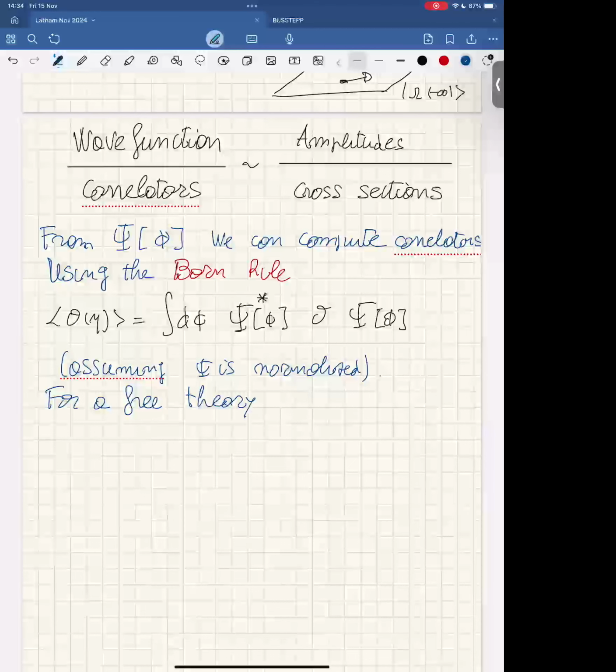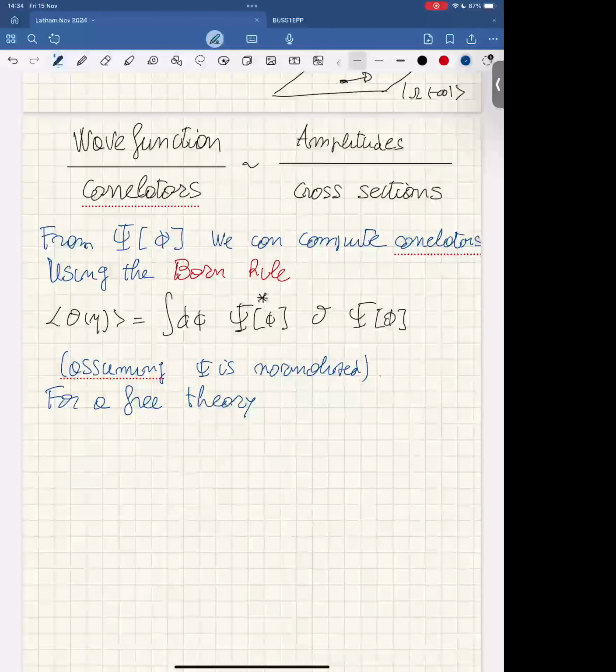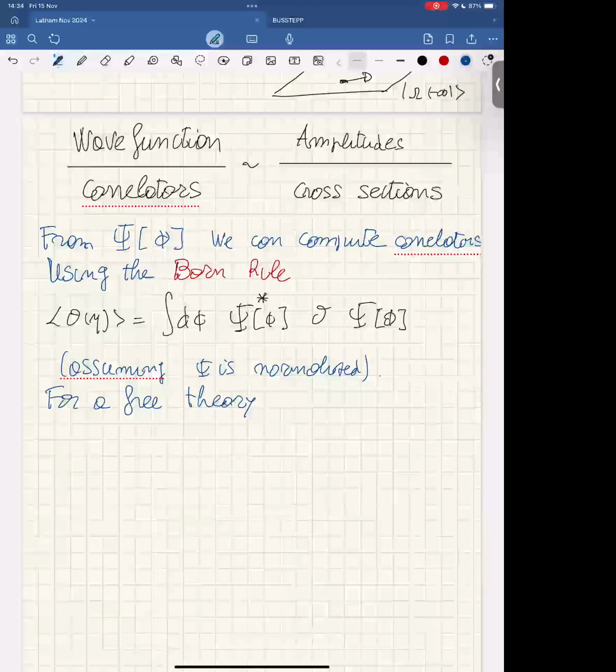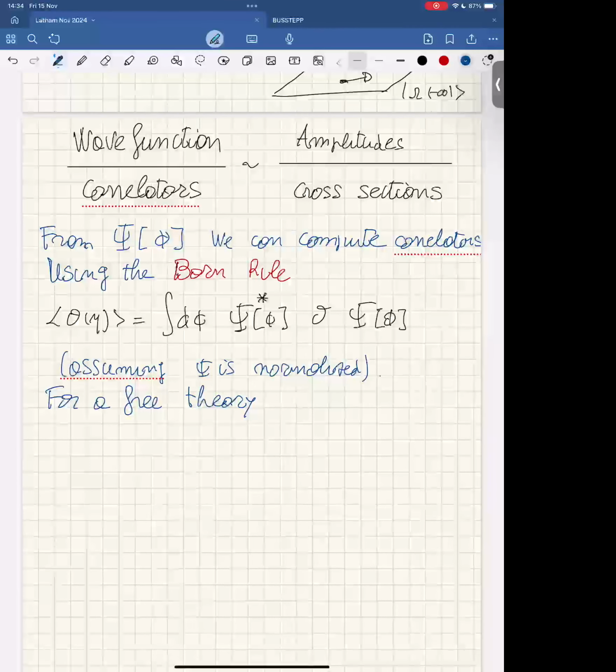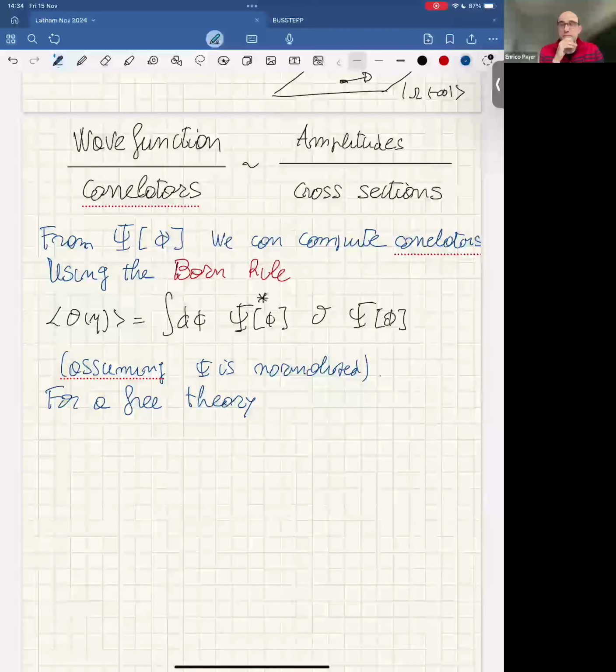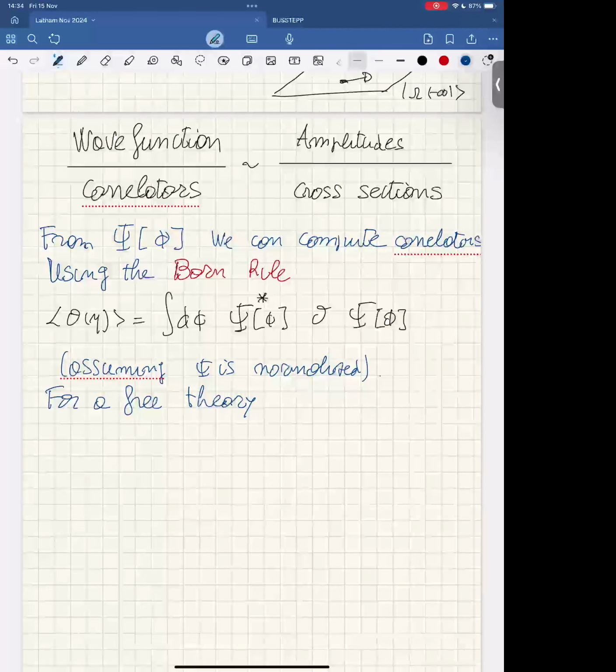I have a question. In this case, is it possible to compute amplitudes by means of the correlators? By applying an LSZ? Yeah, I mean that.